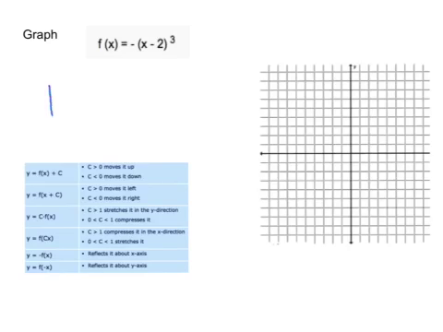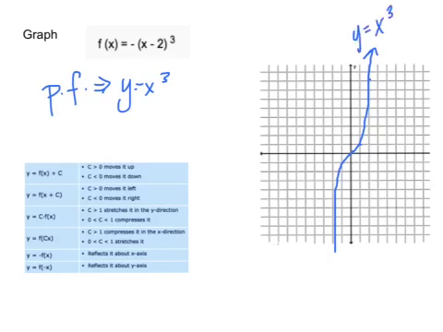So I know that my parent function is going to be y equals x cubed. And so I'm going to go ahead and graph that in blue, just so I know where my starting point of my graph is going to be. So I have an idea about how I'm going to transform this graph as it moves. So right here, y equals x cubed.